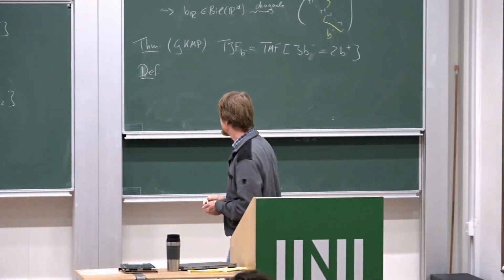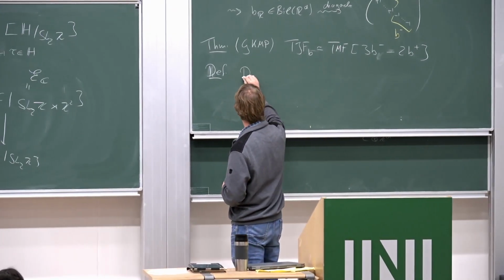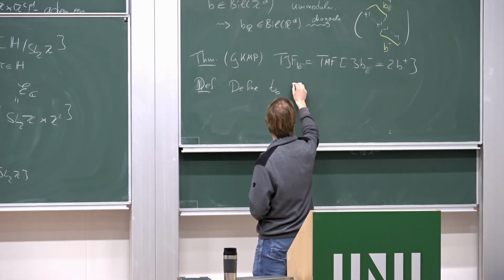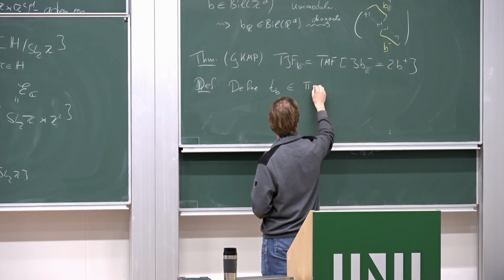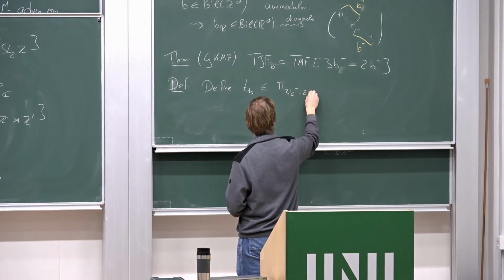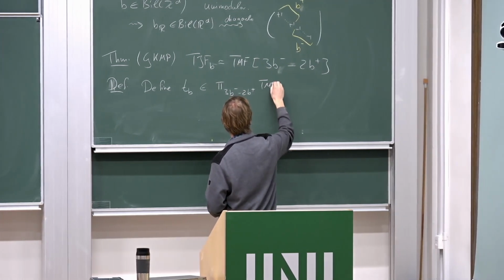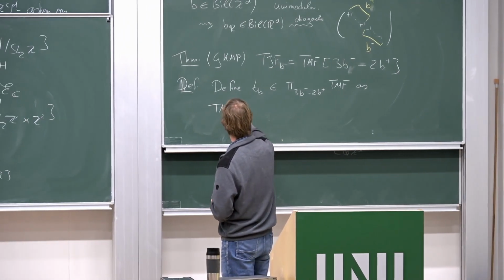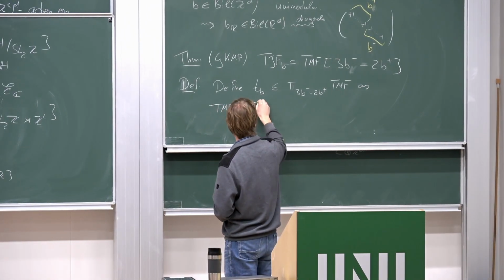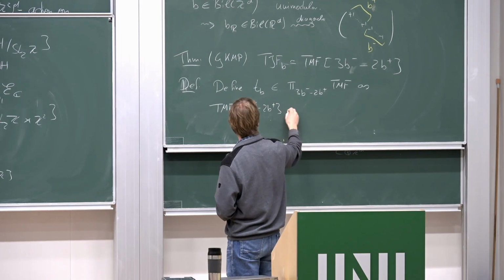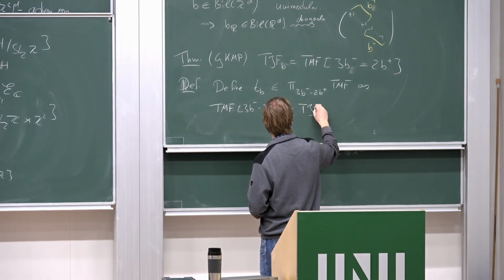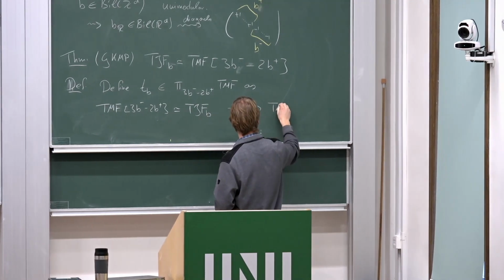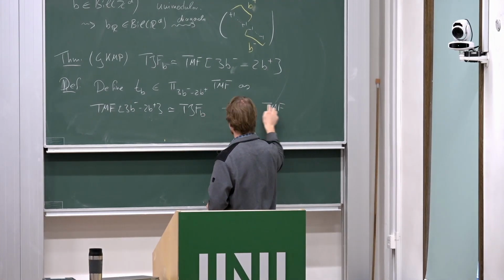Okay, so define t_B in π_{3b_minus-2b_plus} TMF as follows. We take this equivalence, and then it turns out there's a map from TJF_B to TMF.